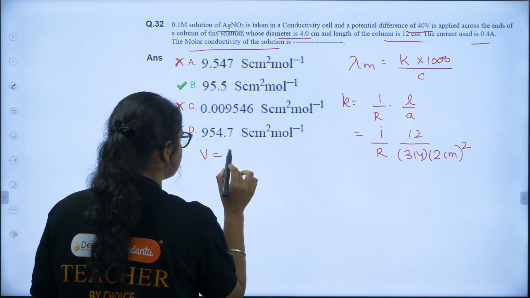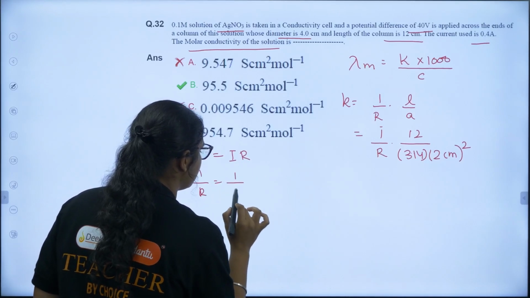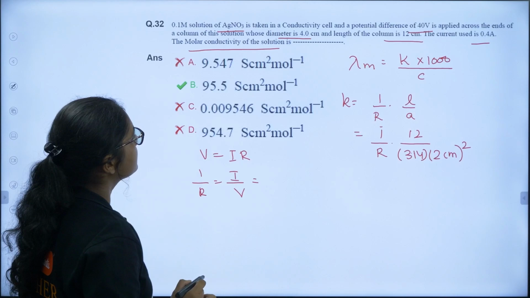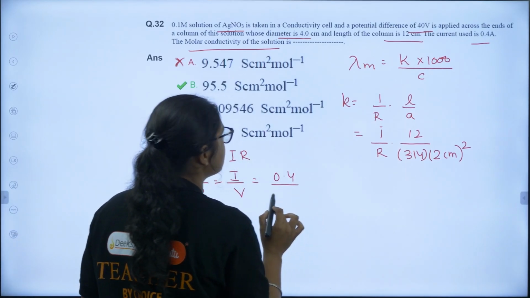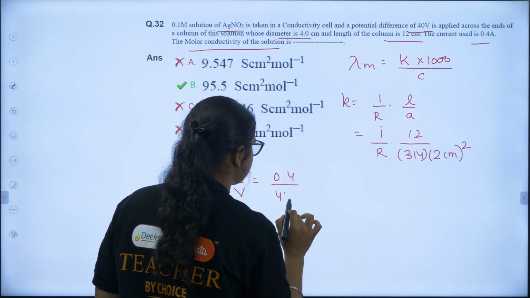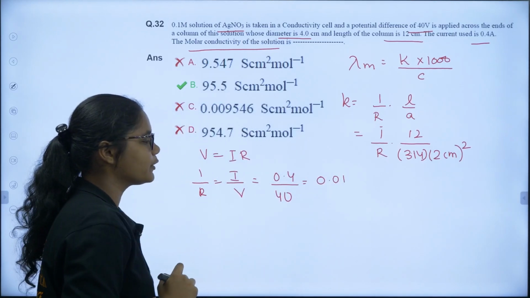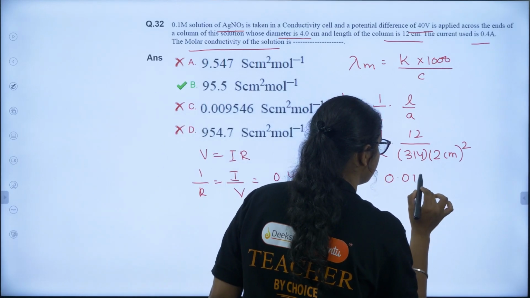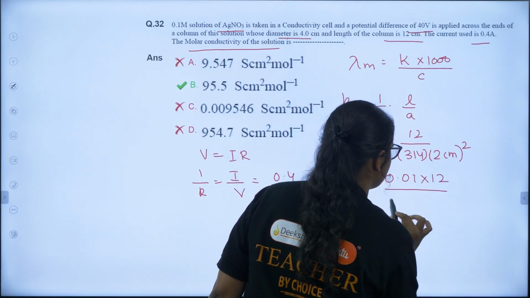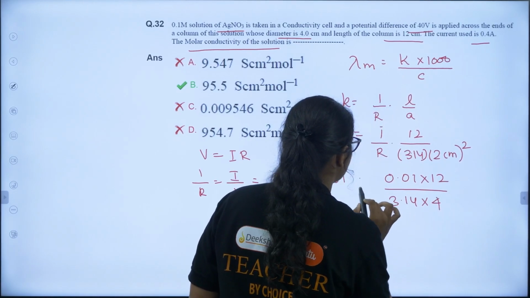You know V is equal to I into R. So 1 by R will be equal to I by V, right? The current given here is 0.4 ampere and the voltage given is 40, so I can write it as 0.01. Okay, so the 1 by R value is 0.01 into 12 divided by 3.14 into 4. This is the value of kappa.